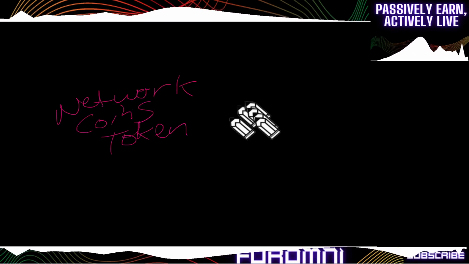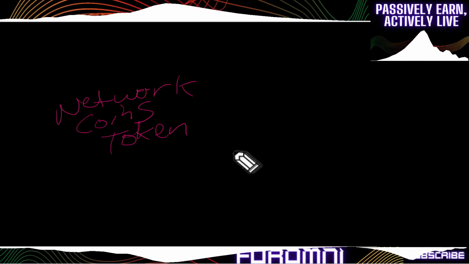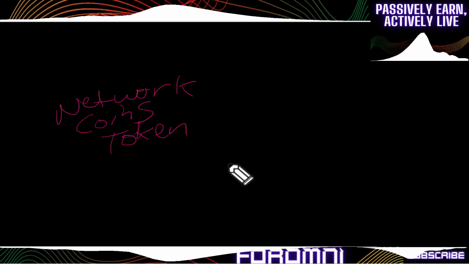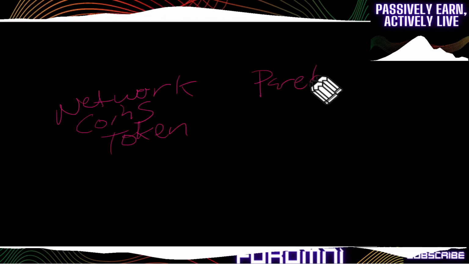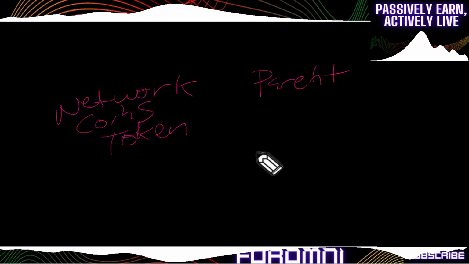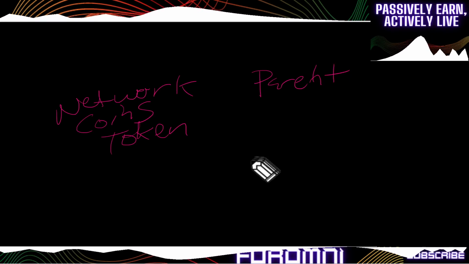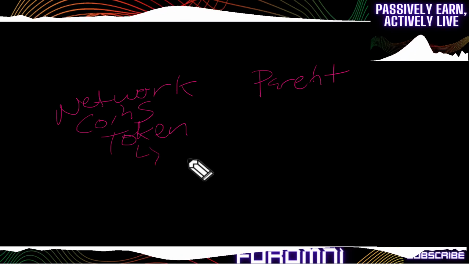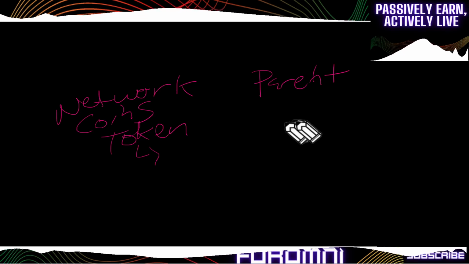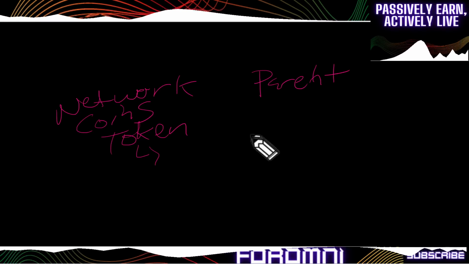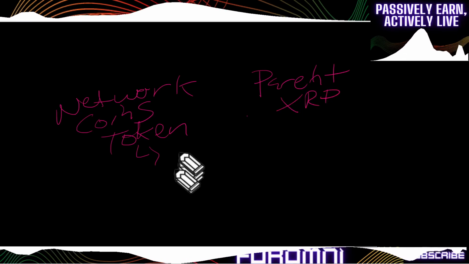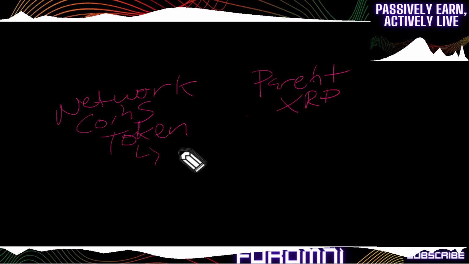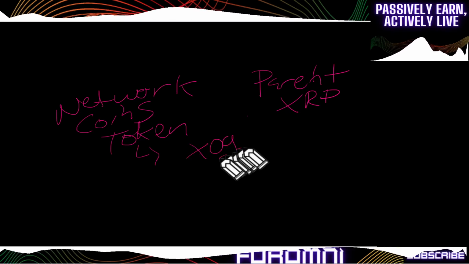I'm talking XRP, XLM, Ethereum, BNB, Hbar, whatever parent token is responsible for that network. Like XRP secures the XRP ledger. And then a token is a child asset that's created on the XRP ledger in this example. So the parent would be XRP, and then a child asset would be something like Xoge.